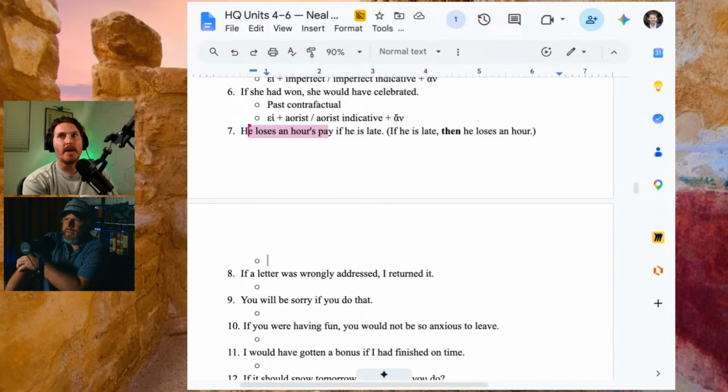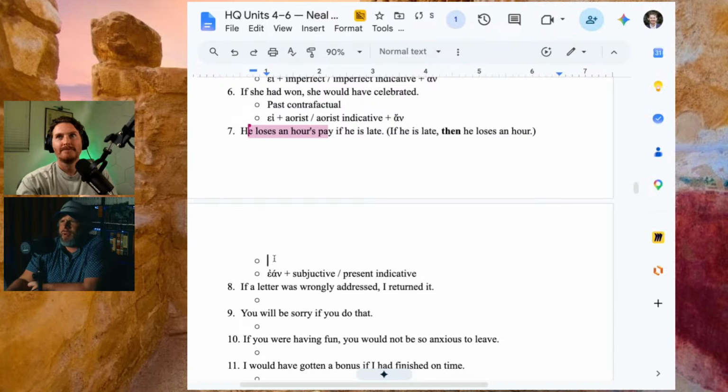And then would we have ei or ean? Ean. Ean plus subjunctive, and then the apodosis is he loses an hour's pay, which should be present indicative. Yes. And that brings us to present general. Perfect.